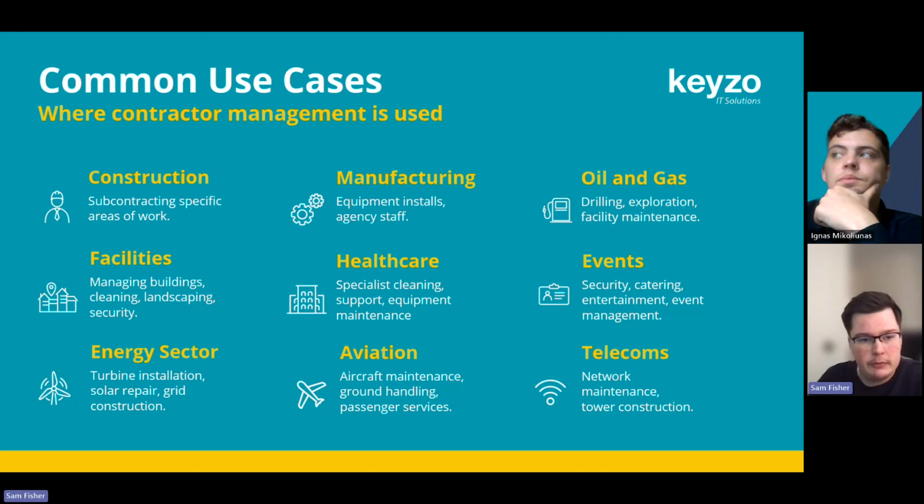This is just a snapshot of some of the use cases and industries that contractor management is used quite frequently in. So obviously, as we know, construction, subcontracting, specific areas of work. If you have a big project going on, you need specialists from electrical or different areas of construction. That would be a common one.